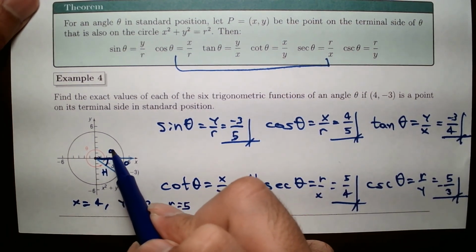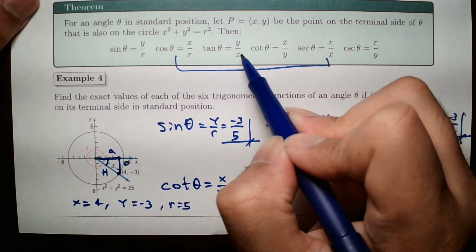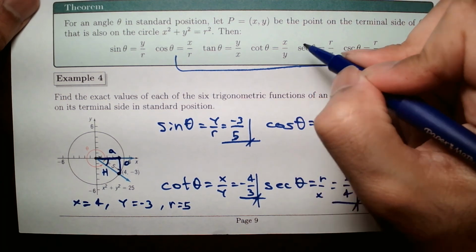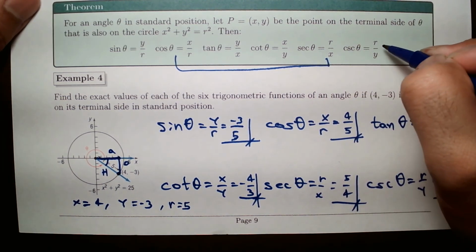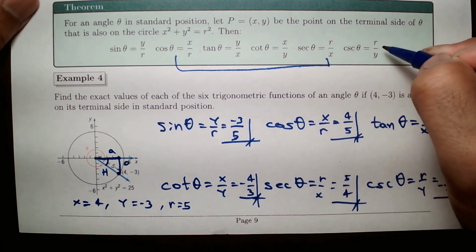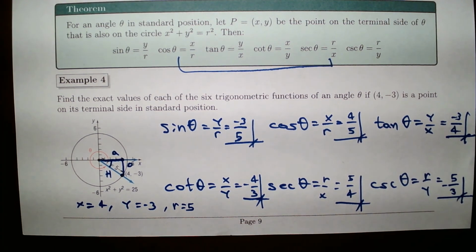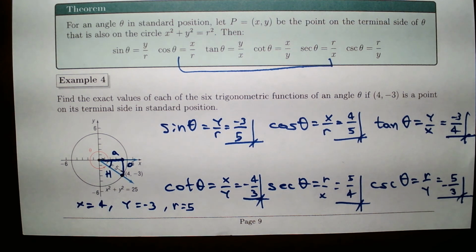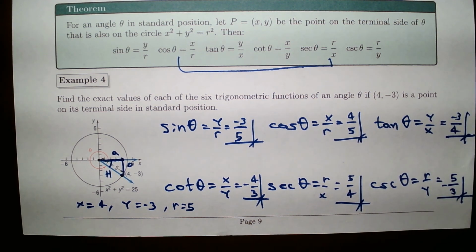Cosine is x, the adjacent, over the hypotenuse. And then opposite over adjacent, adjacent over opposite, hypotenuse over adjacent, and finally hypotenuse over opposite. That's just pretty much putting it together into the corresponding triangle, but that's not how we're going to do it. That will come into play later in the course, in section 7.1.